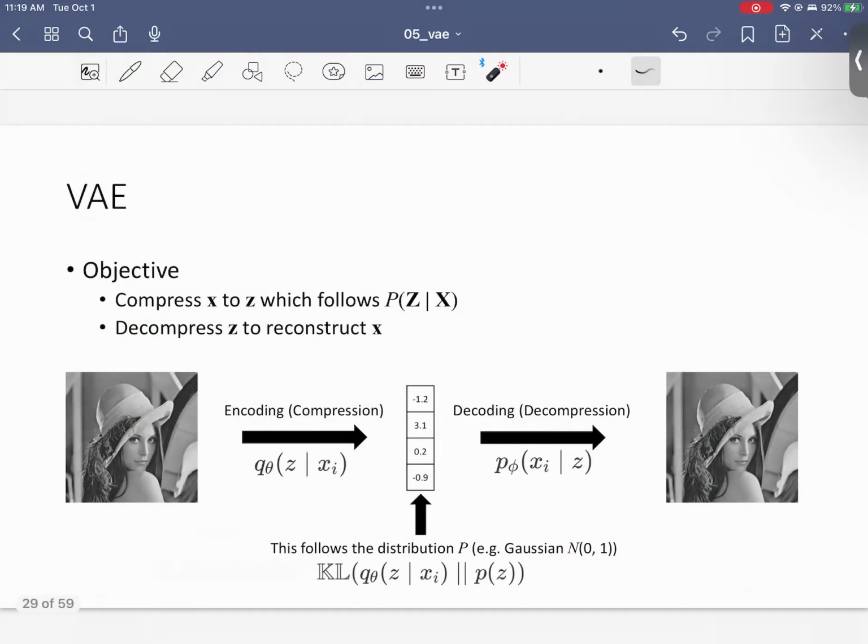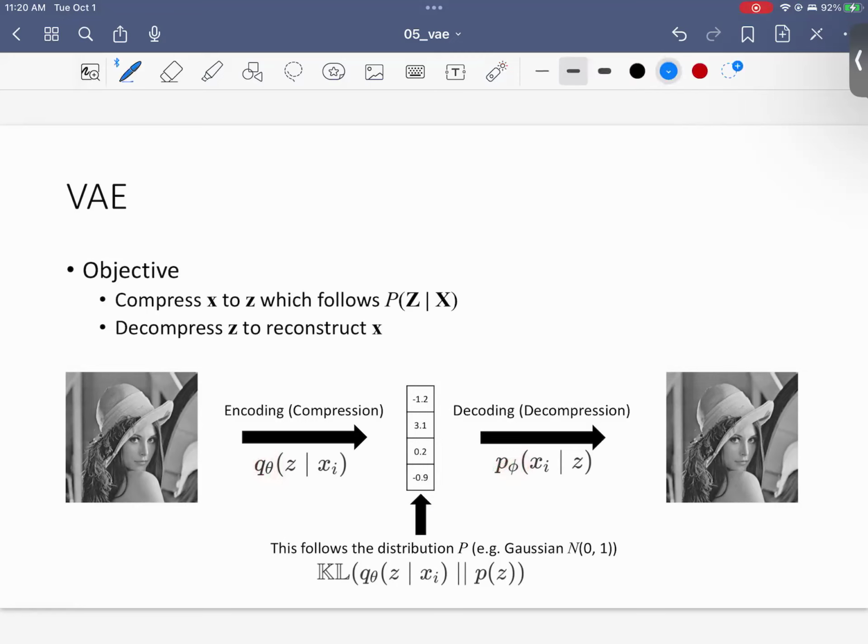So how do we do this? Let's turn that loss function, encoder and decoder, into more probabilistic terminology. We're going to call our encoder Q, and we're going to call our decoder P, and each of them is controlled by its own parameters, theta and phi.